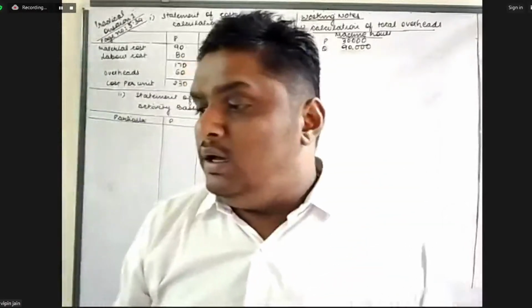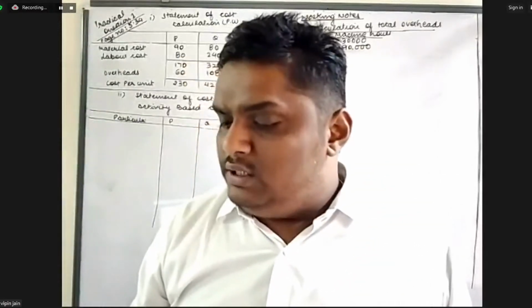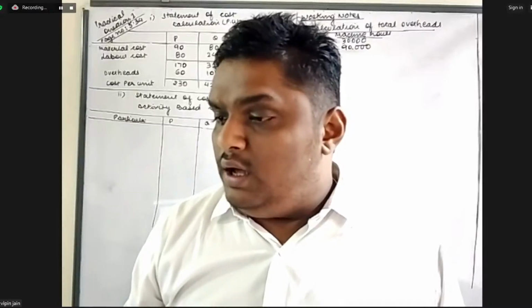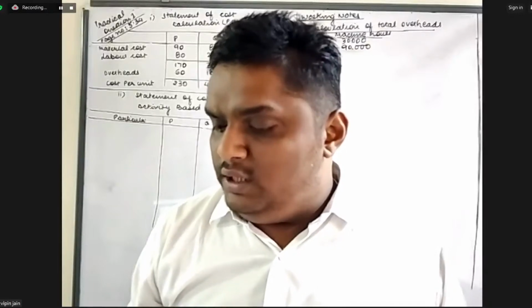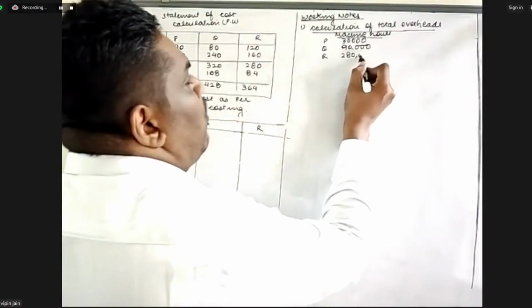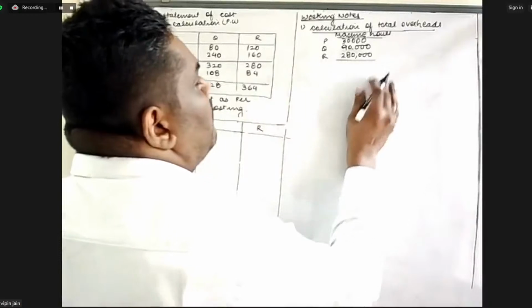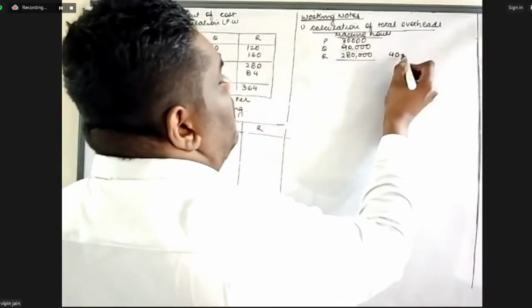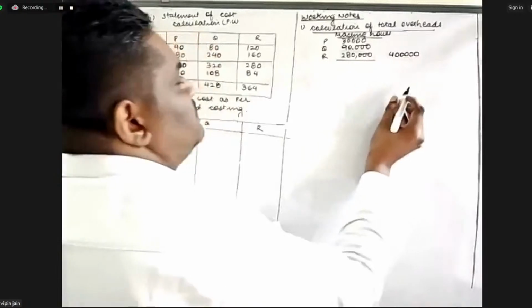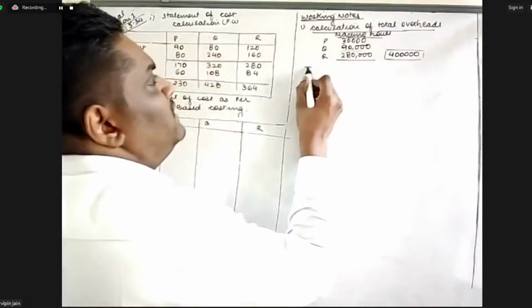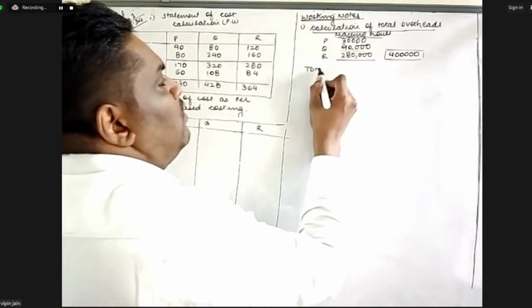And when talking about R, again total 20,000 units are manufactured, and the total hours required per unit is 14. So this will be 2,80,000. So the total machine hours are 4 lakh. So my total overheads will be how much?